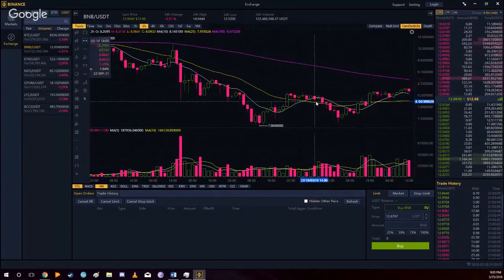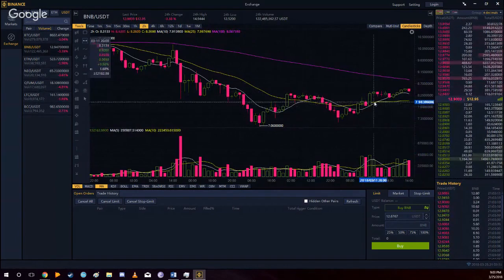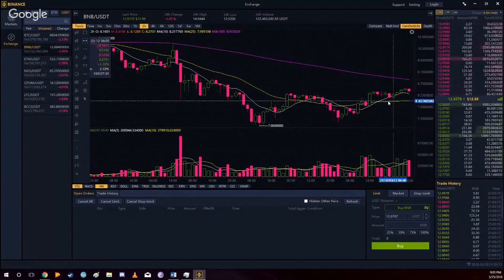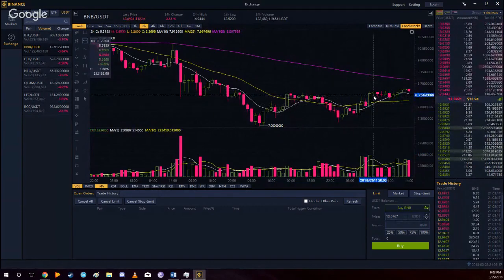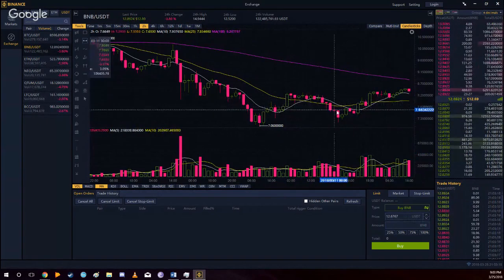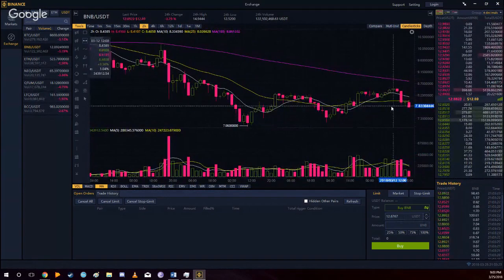This is still unclear. This might still correct, but this, it stayed above the MA25. It stayed above. It didn't fluctuate like in this one. It didn't go down then hit it again. No, it stayed above, and staying above is a good sign.